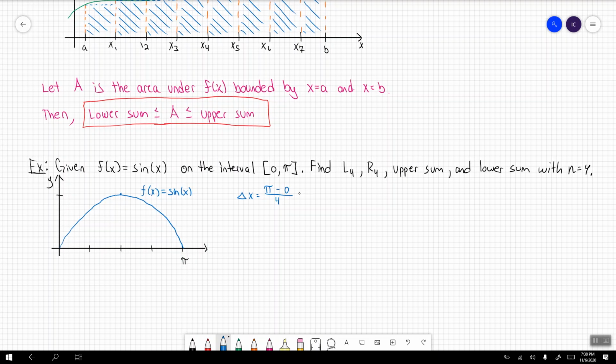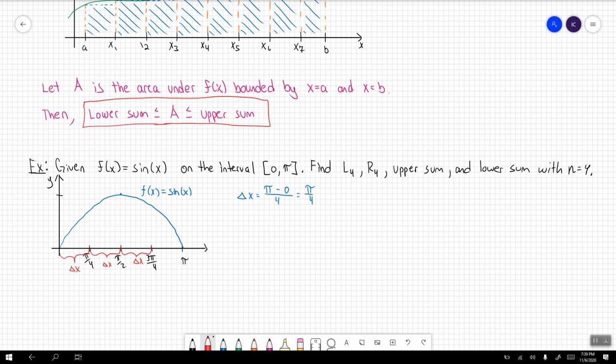So every increment will be a pi fourth increment. Starting at 0, we increment to pi fourths, another pi fourths gets us pi halves, another gets us 3 pi fourths, and lastly pi. All of these intervals are delta x.